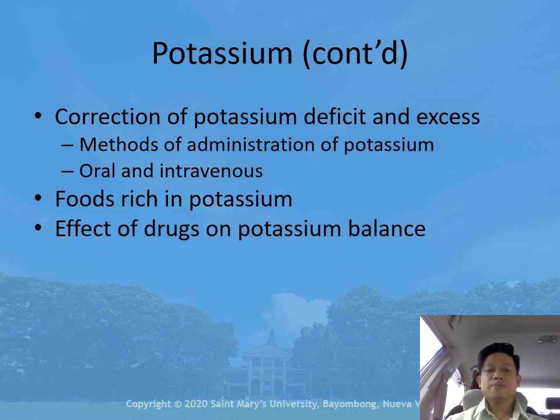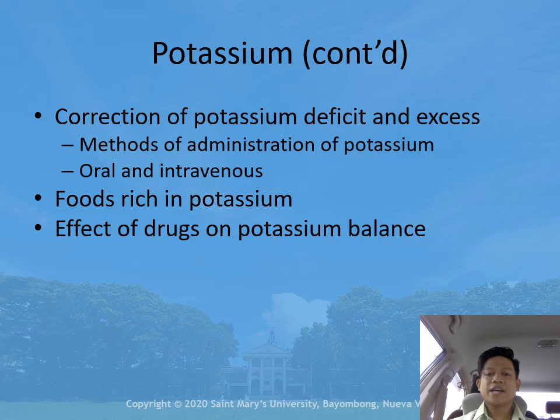If a client's serum potassium level is 6.9 milliequivalent per liter, an effective method to correct this severe hyperkalemia would be to administer sodium polystyrene sulfonate, or Kayexalate, and sorbitol. 6.9 milliequivalent per liter is considered severe hyperkalemia and requires aggressive treatment with Kayexalate and sorbitol. This increases the body's excretion of potassium.